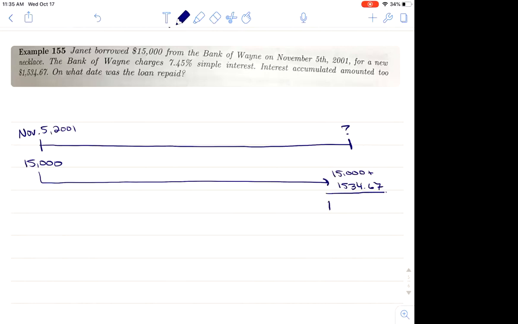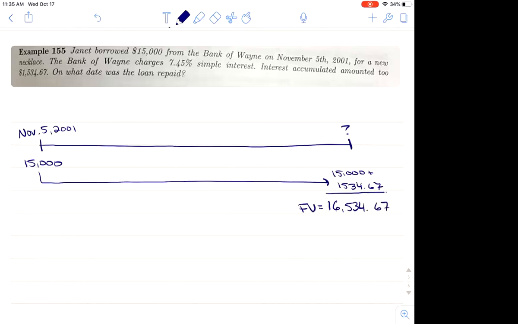So we should have what? 16,534.67. That's our future value. Mine looked a lot better. I'd rather pay $1,600 for 15,000. Thank you. I could tell something was up.